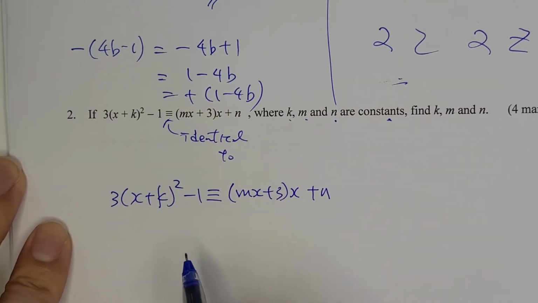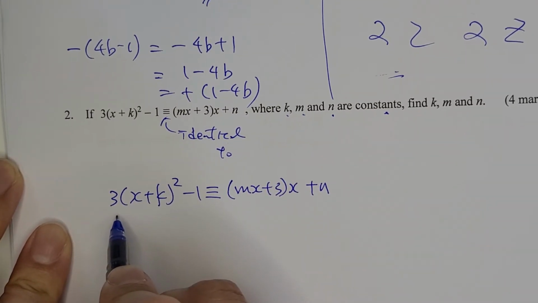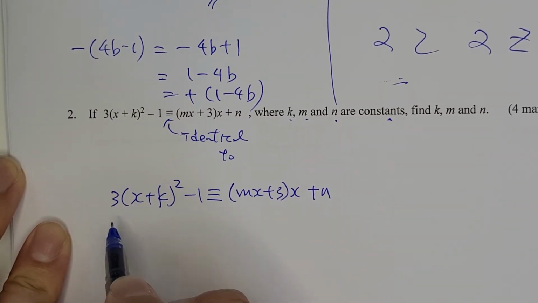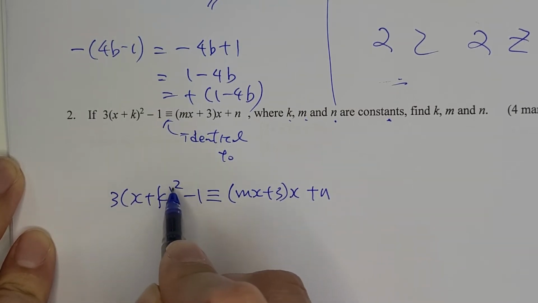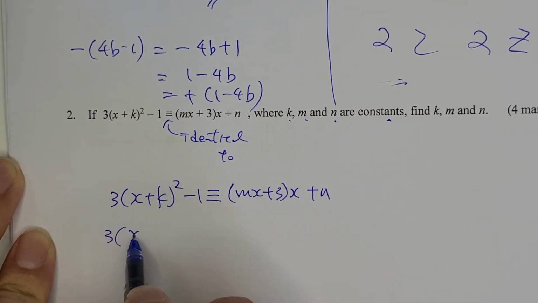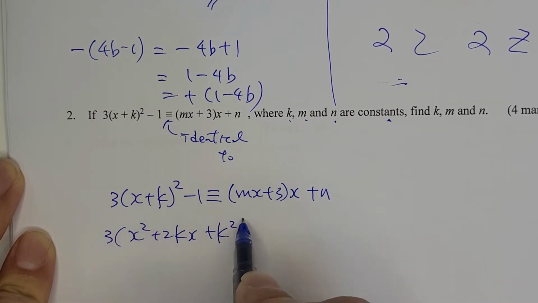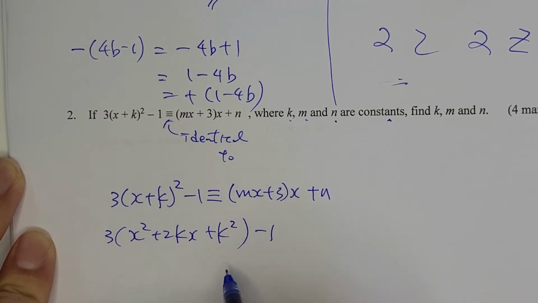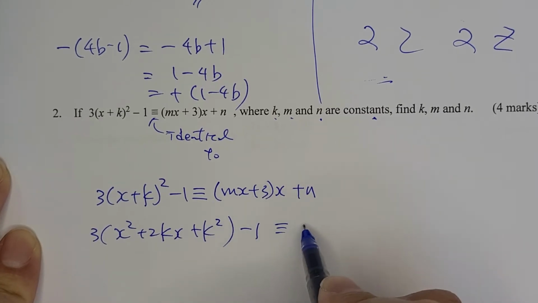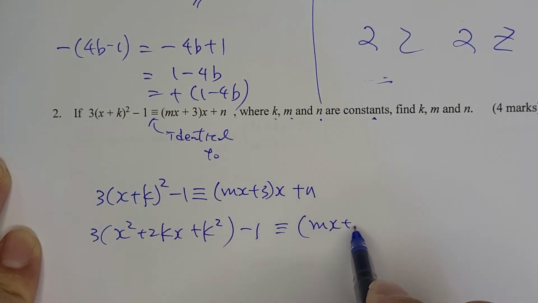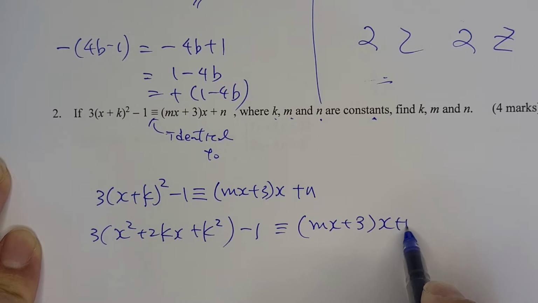The next step you will do is, do not handle this 3, just handle the bracket square first. Then x² plus 2kx plus k² minus 1 will be identical to (mx plus 3)(x plus n).